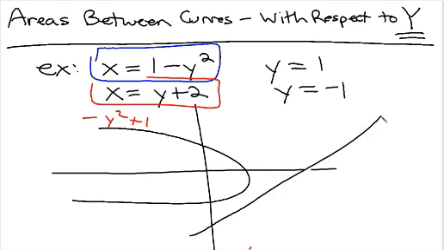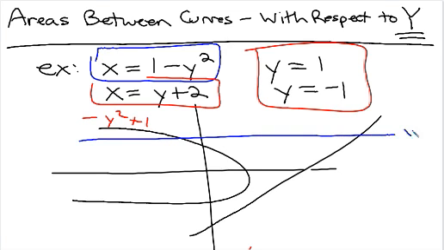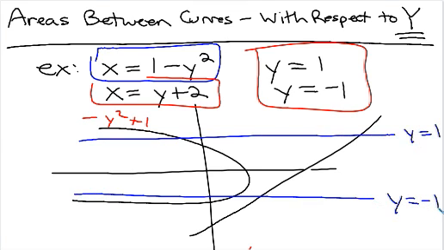And then we've got these two horizontal lines, 1 and negative 1. So I've got a horizontal line here, y equals 1, and I've got a horizontal line here at y equals negative 1.